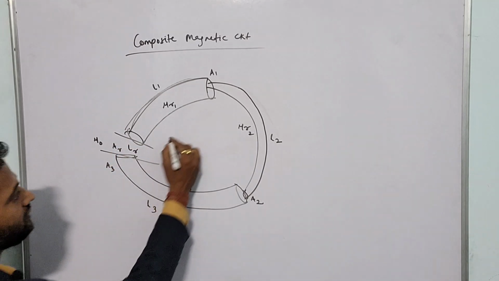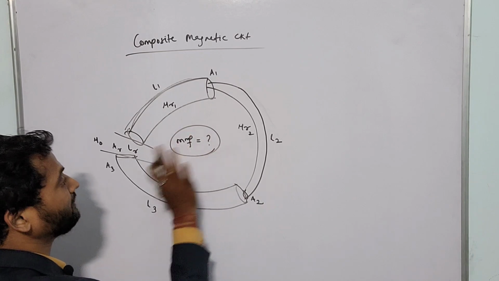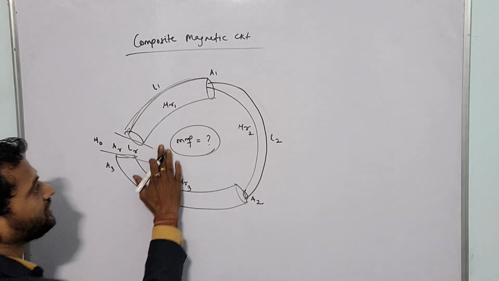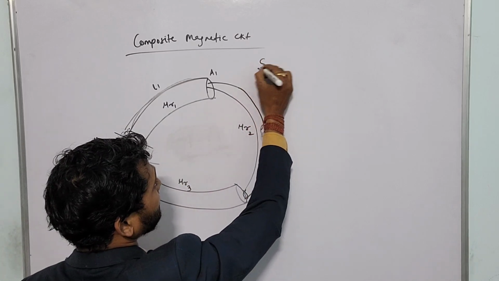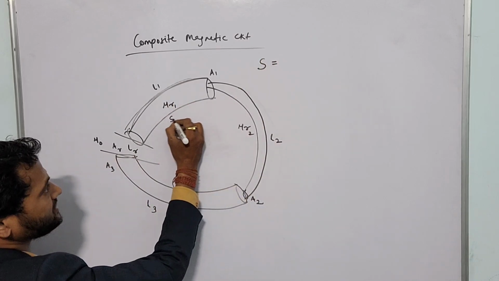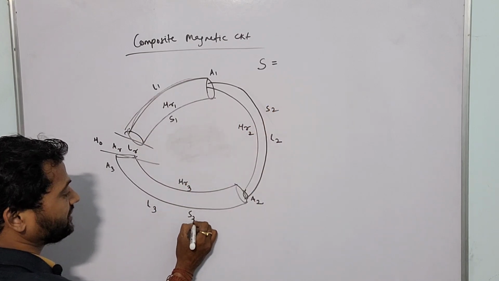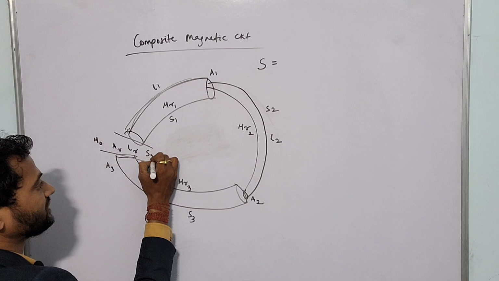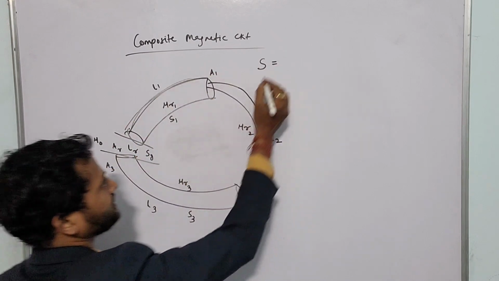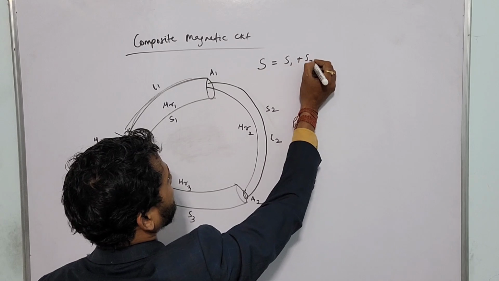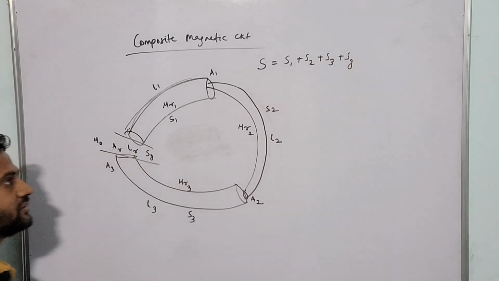Okay, we'll find out what is the net MMF, magnetomotive force. Okay, so total reluctance will be what? Individual reluctance, ये S1 first का reluctance, S2 second का reluctance, S3 reluctance of third one, and Sg is reluctance of air gap. So what is the net reluctance? Since all are connected in series, net reluctance is S1 plus S2 plus S3 plus Sg, right?